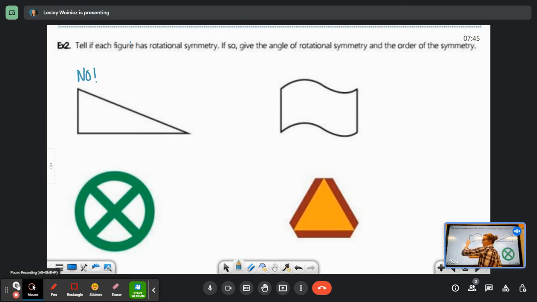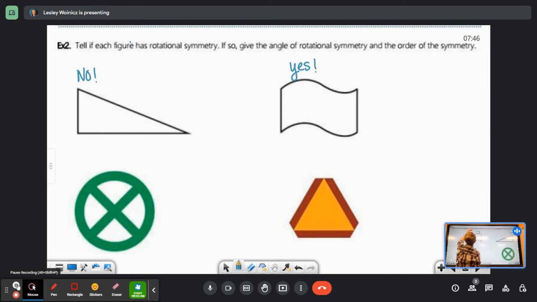This little wave figure, it kind of looks like your wave tables in the classroom. So if I rotate this wave figure 180 degrees, it will be indistinguishable from the original picture. So this one has, yes, it has rotational symmetry.